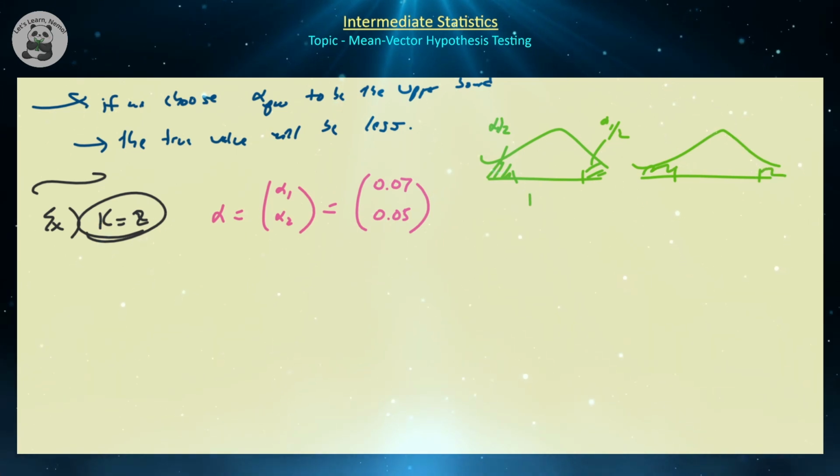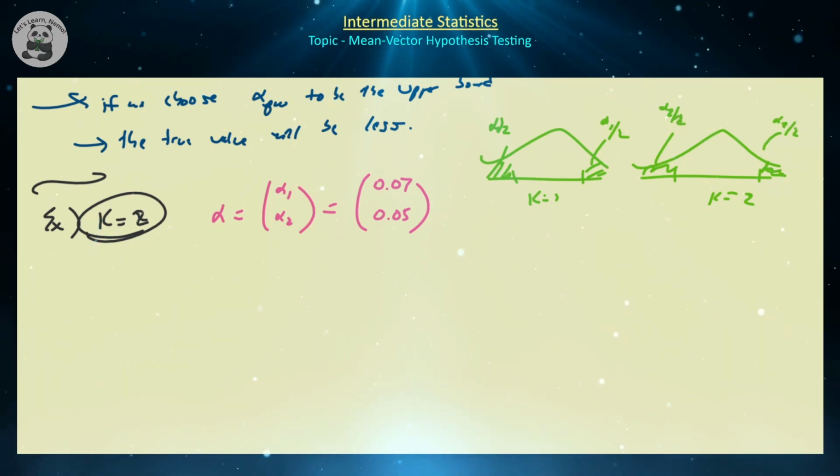And for the other one, so this is k equals 1 and k equals 2, we would have alpha 2 over 2 and alpha 2 over 2 in the left and right hand tails for that second distribution.